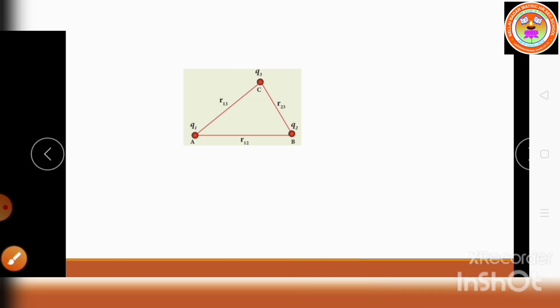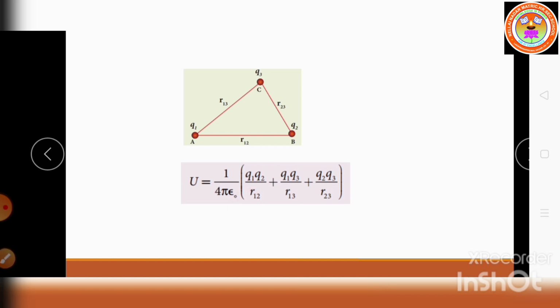Next, substitute U1 and U2, then take the common term 1 by 4 pi epsilon naught. U is equal to 1 by 4 pi epsilon naught of Q1 Q2 by R12 plus Q1 Q3 by R13 plus Q2 Q3 by R23.